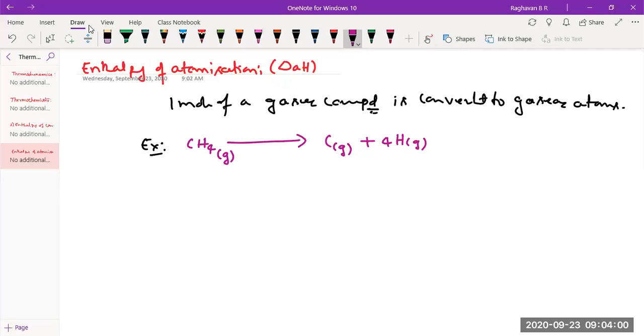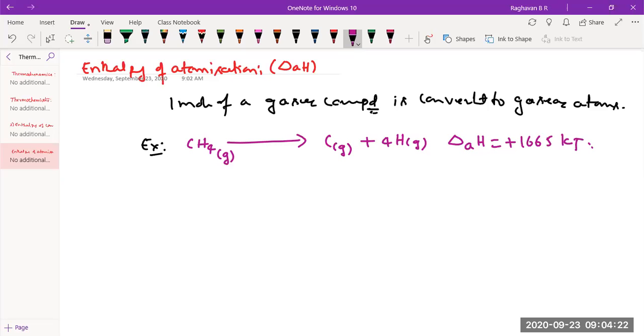When you convert methane gas to carbon and hydrogen gas, whatever the enthalpy change is, that is called enthalpy of atomization. Here it is 1665 kilojoules. This is the amount of heat absorbed, and that is enthalpy of atomization.